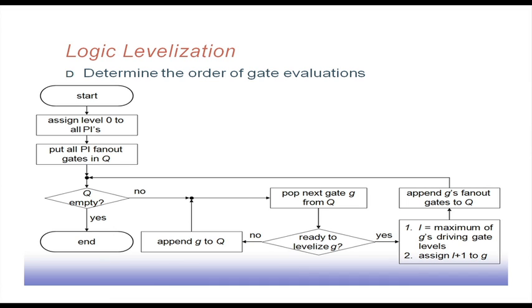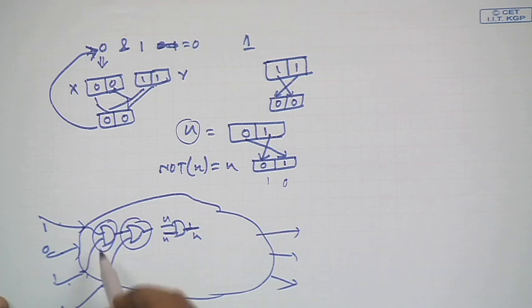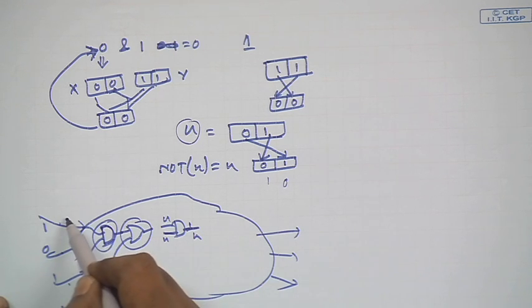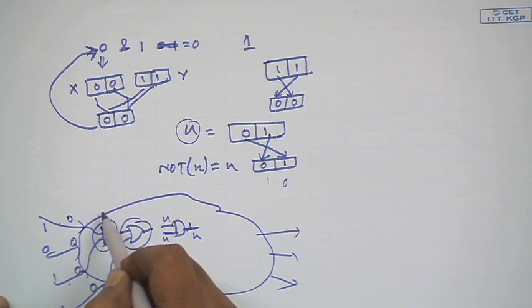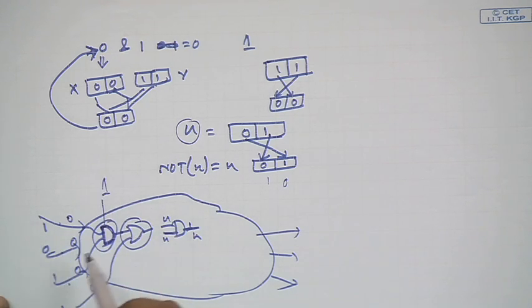From them, whatever has the maximum level, that one has to be incremented by one, and that has to be assigned as the level of G. What we essentially mean is that if I apply this algorithm to this circuit, first this gate will be picked up, and these primary inputs are at level 0. Now, for this gate I know that all its inputs are at level 0, so it will be leveled as 1, because 0 plus 1 is 1.